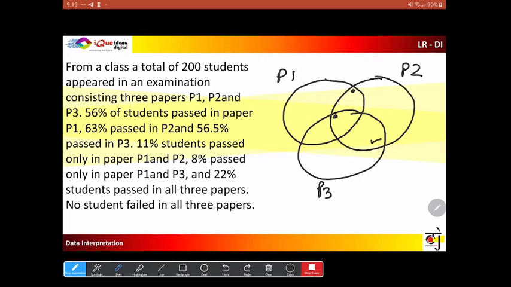This area, passed P2, passed P3, failed P1. This area, passed P1, passed P3, failed P2. Here only P1, here only P2, and this is only P3. And if there is someone who has failed all 3 subjects, it will be totally outside the 3 circles.